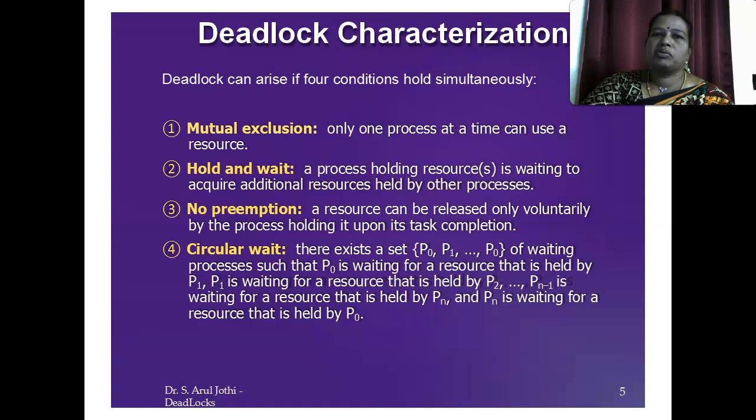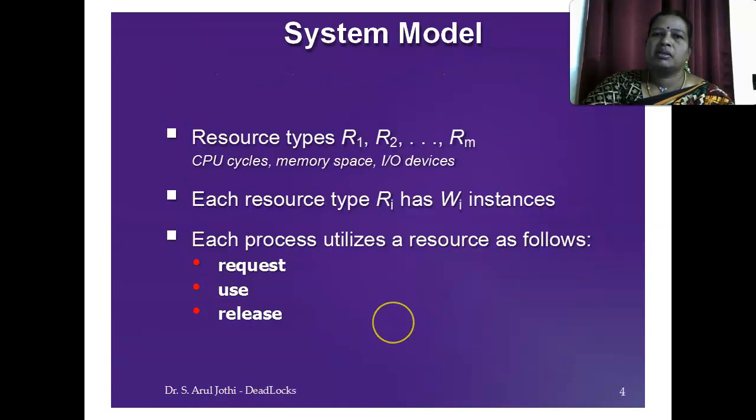Next we are going to see the system model, which consists of several processes and a set of resources. Here we are taking resource types R1, R2, till Rm, and each resource type Ri has several instances. Here we refer to those instances as Wi.